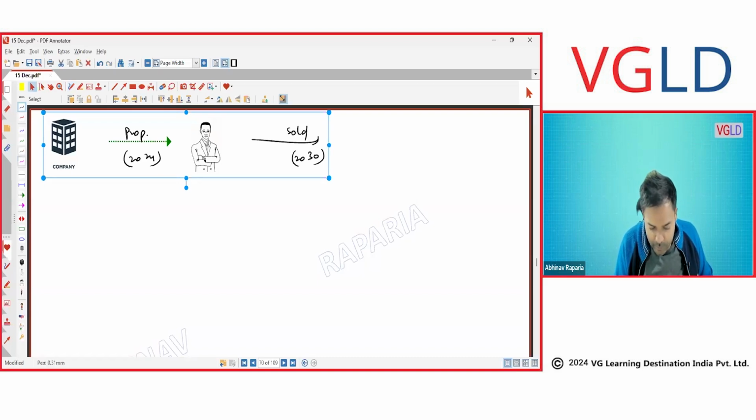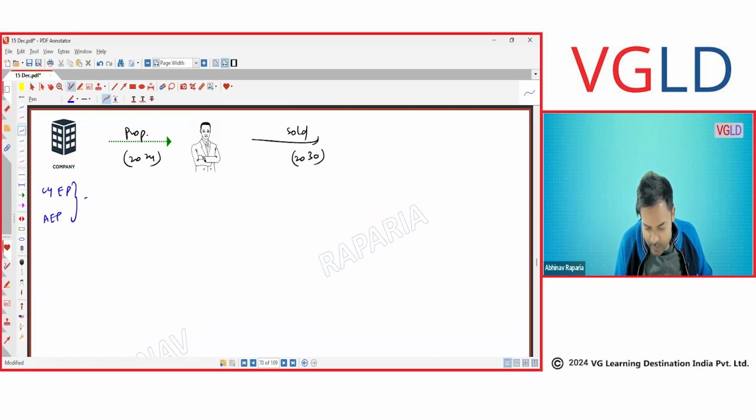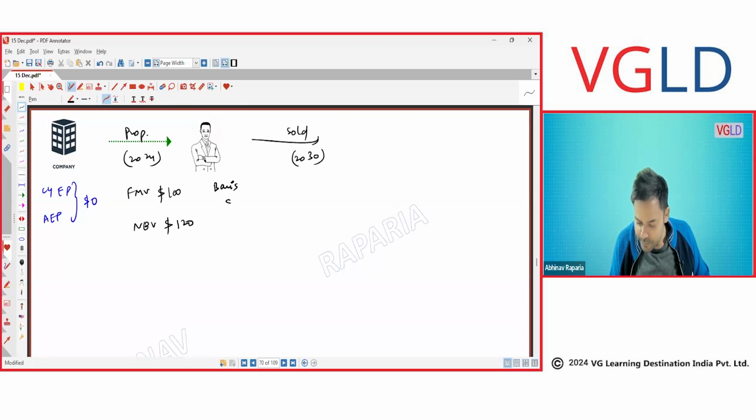Current year's earnings and profit and accumulated earnings and profit, both of them are zero. The property you are transferring has a fair market value of 100. Net book value is 120. The shareholder has a basis of stock of 10.